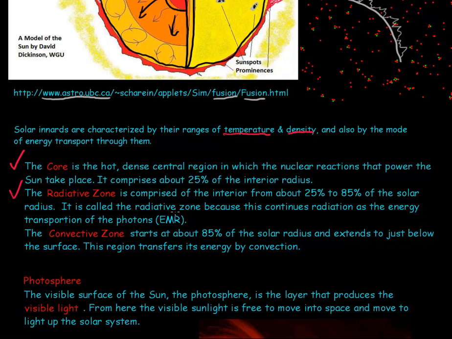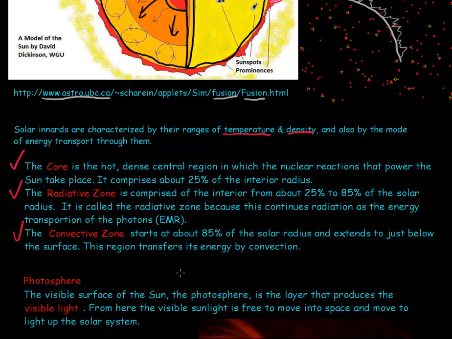The radiative zone comprised that part of the sun, 25 to 85% of the solar radius. It's called the radiative zone because the heat transfers through radiation, and all I wanted you to know is that it takes the heat produced in the core and transfers it out to the farther outer layers.